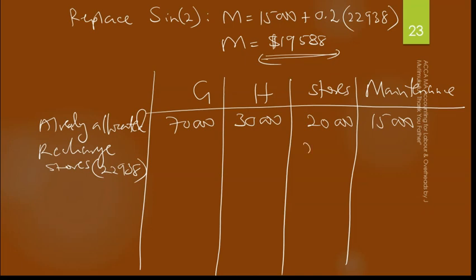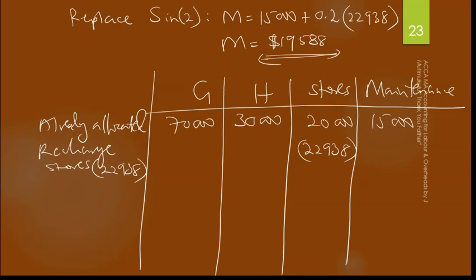Okay, so 22,938. All right, and if we subtract this amount, obviously we're not going to be left with a zero, but there is going to be an extra amount.